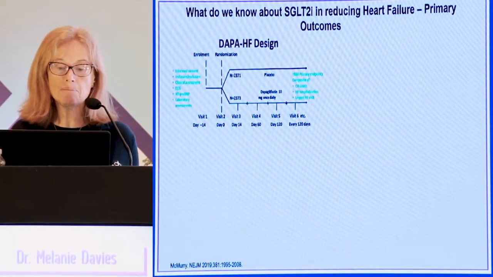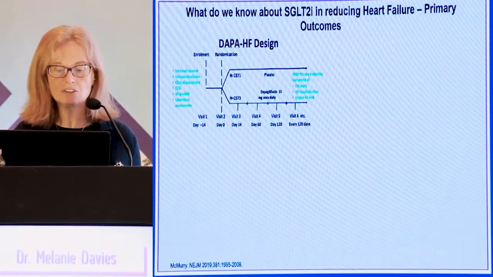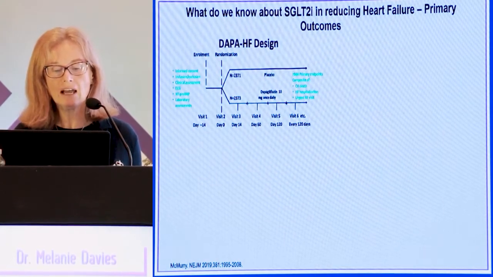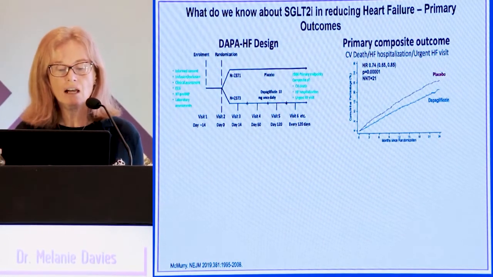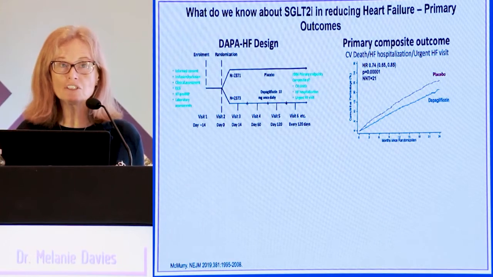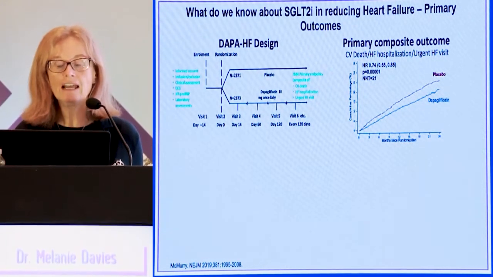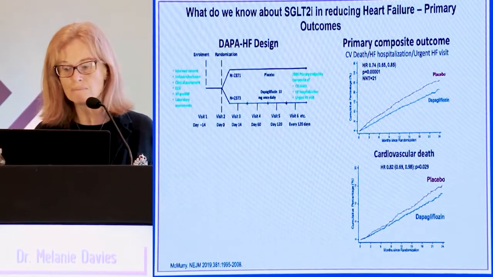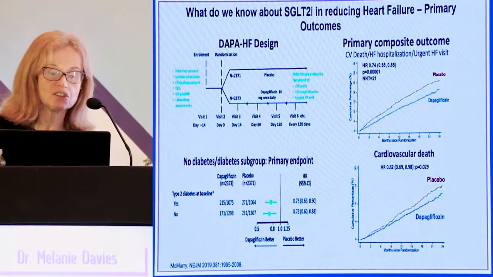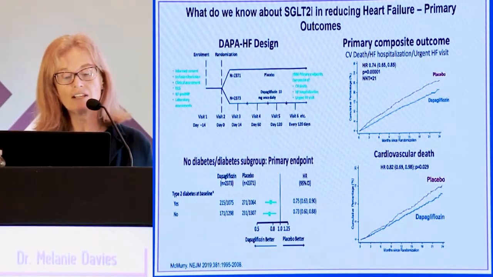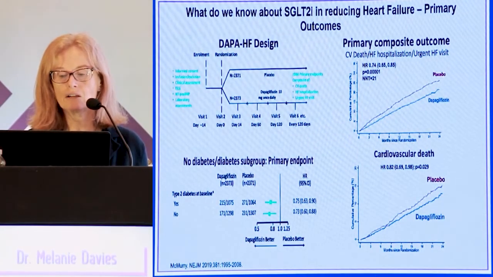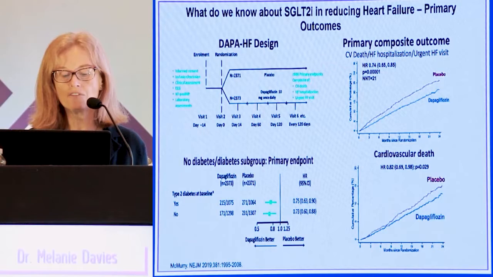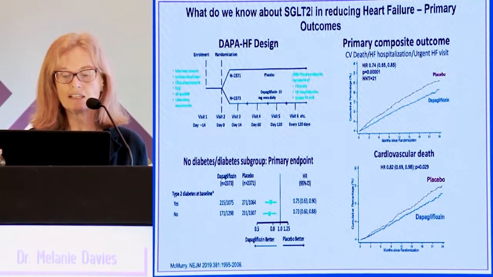We also have DAPA-HF, and in the brilliant talks just before me, you saw some of the data. We know that in reduced ejection fraction heart failure, even in people without diabetes, we're seeing reductions in primary endpoints for heart failure in these patients.